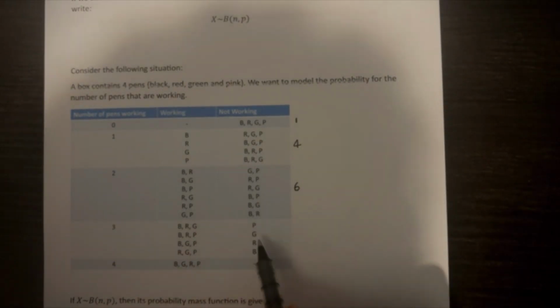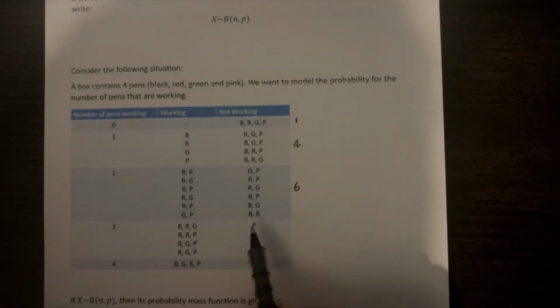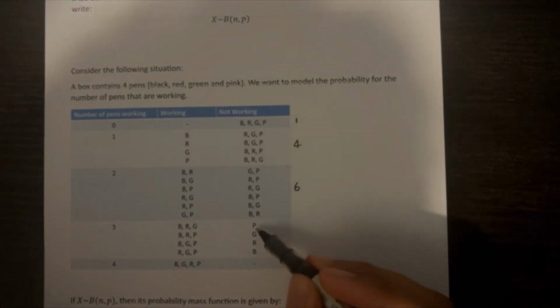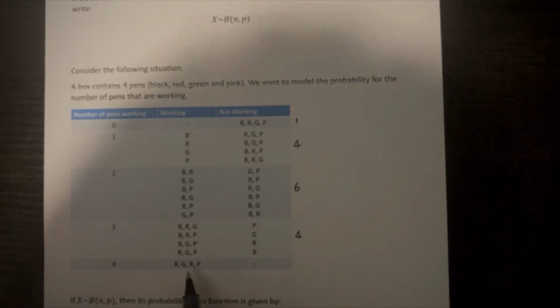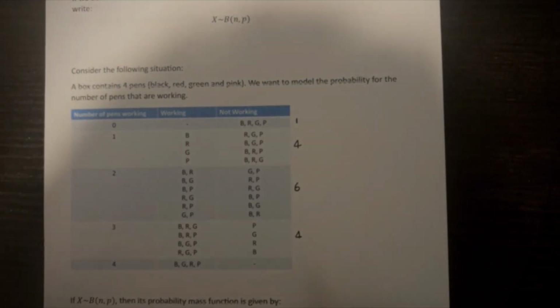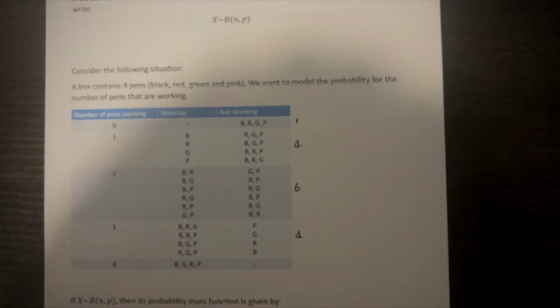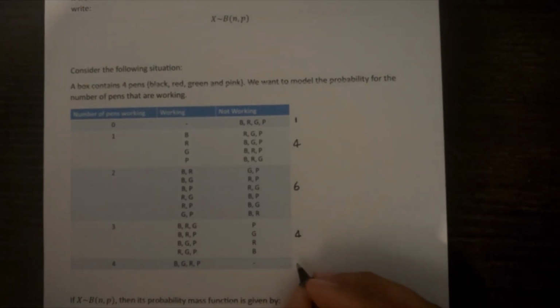For 3 of those working, that's kind of the reverse of this. If 3 work, there's only 1 that doesn't, so that is just mapped onto what's there. So 4 possibilities, and equally for all 4 pens working, there's only 1 possible outcome, and that's that they all work and there's none that don't work.